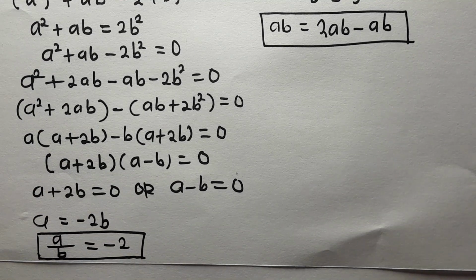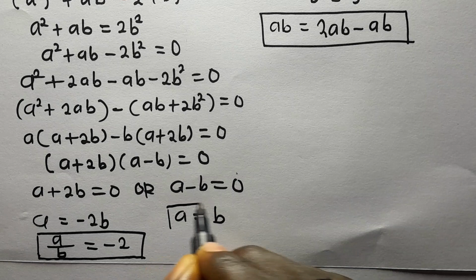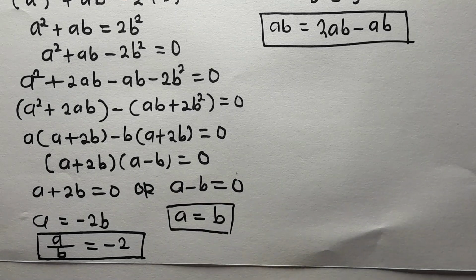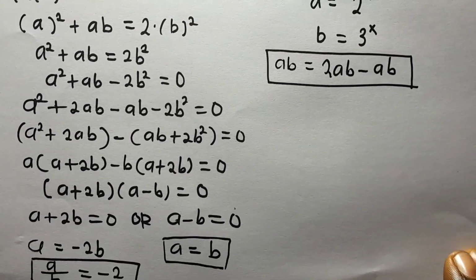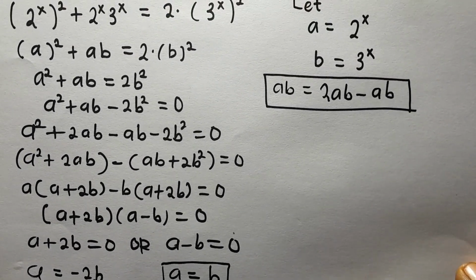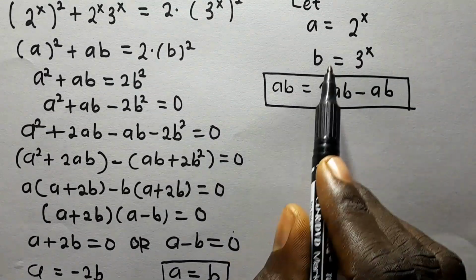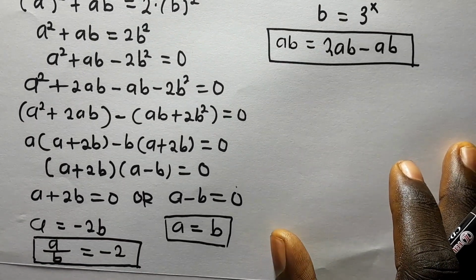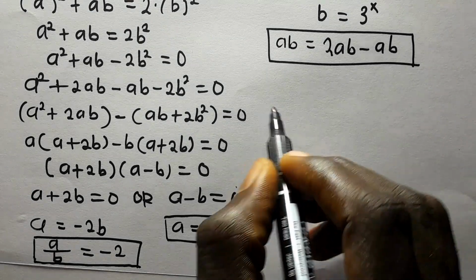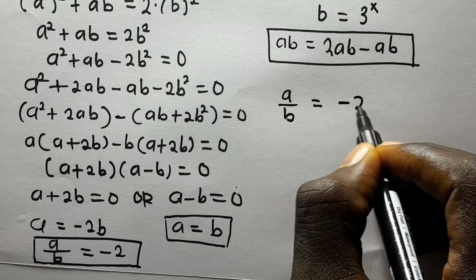And again, from here, we have a equals b. Now take note that a equals 2 raised to power x and b equals 3 raised to power x. Now coming back to this place, we have a divided by b equals minus 2.